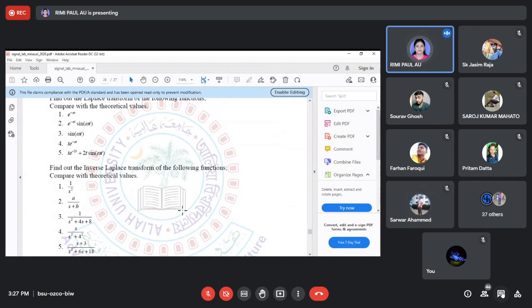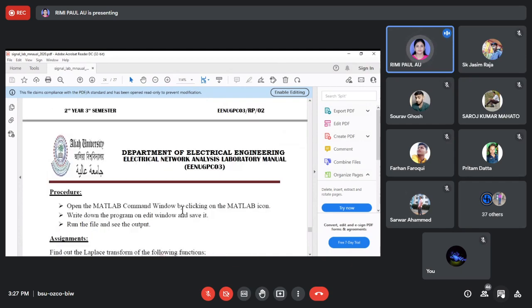Actually today we'll solve experiment number 5, and you have to submit this copy, the third copy, within 16th November. You have to make a hard copy, take an image, that means make a PDF, and I will give you the assignment submission date. Just like your assignment submission, you also have to submit the practical lab copy.